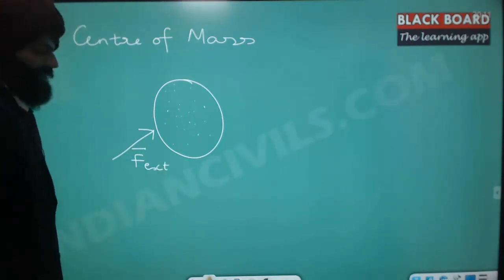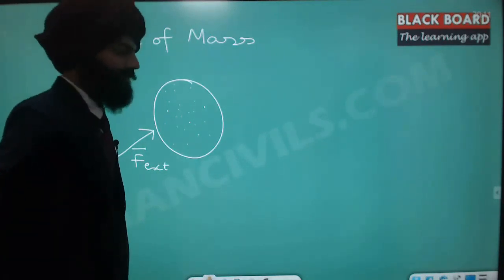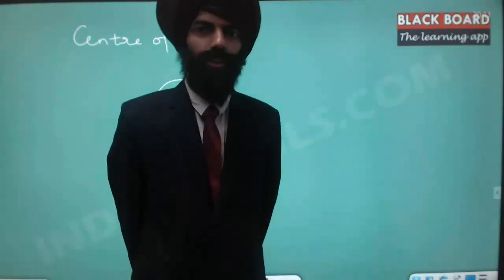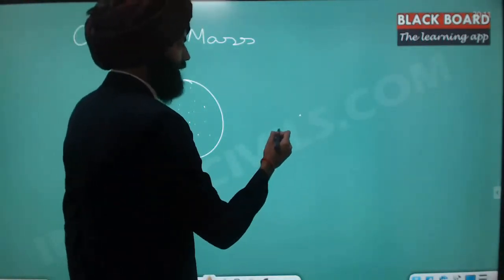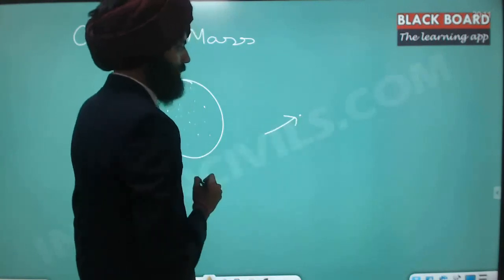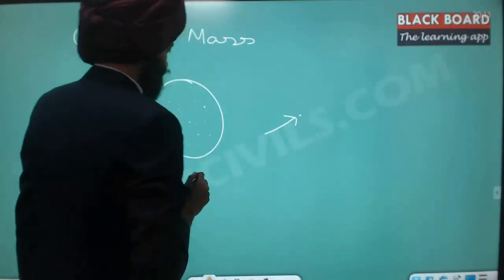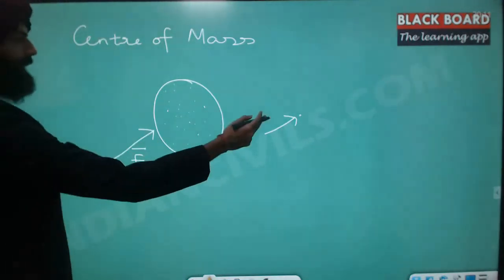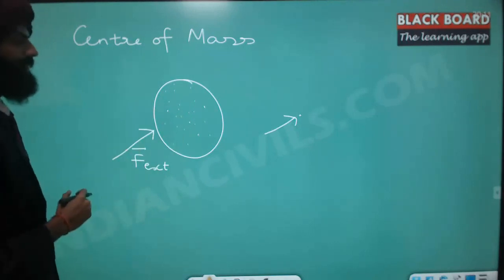Now, usually in many numericals using the Newton laws, till now what we have discussed is the force is acting on a particle. The forces are acting on this point particle, and as a result, the point particle gets set in motion. But what if this force is acting not on a point particle, but on a big ball or some object which has a uniform mass distribution?